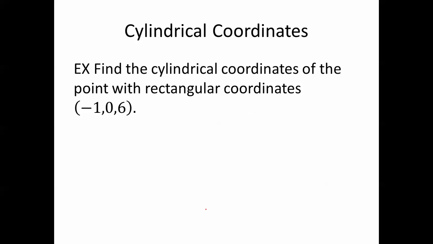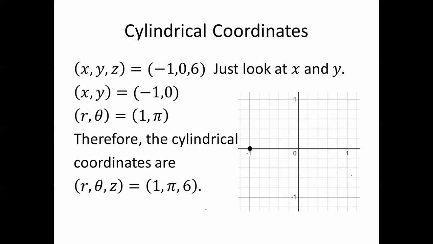Find the cylindrical coordinates of the point with rectangular coordinates -1, 0, 6. Okay, so x, y, z is -1, 0, 6. Again, we can just ignore the z. Ignore z equals 6. Just look at x and y. x, y is -1, 0. Our theta is pi, because -1, 0 is here. And so our distance r is going to be 1, and our angle theta is going to be pi.